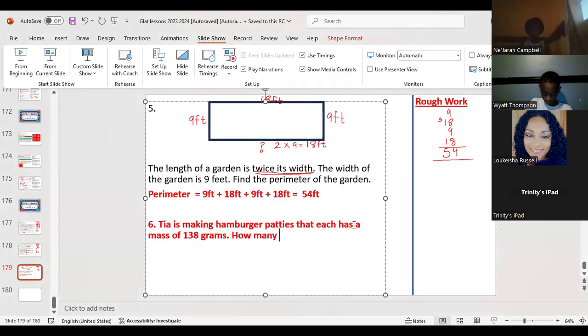How many grams of hamburger patties will Tia need to buy to serve 27 hamburger sandwiches?